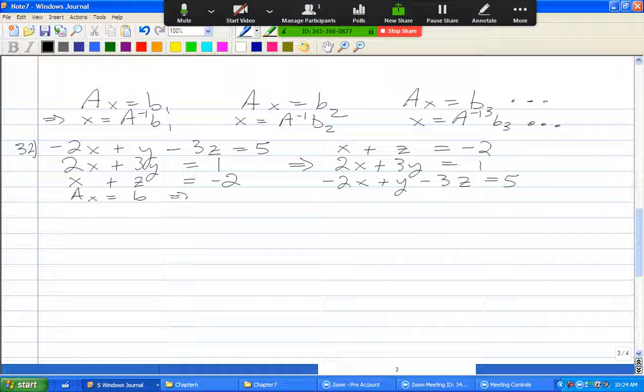And so I'm just going to try to solve it using the fact that all I need to do is determine the inverse of this matrix A. And so I have here a 1, 0, 1, a 2, 3, 0, a negative 2, 1, negative 3. Let's try to find the inverse of this coefficient matrix here. So let me input on the right-hand side the identity.